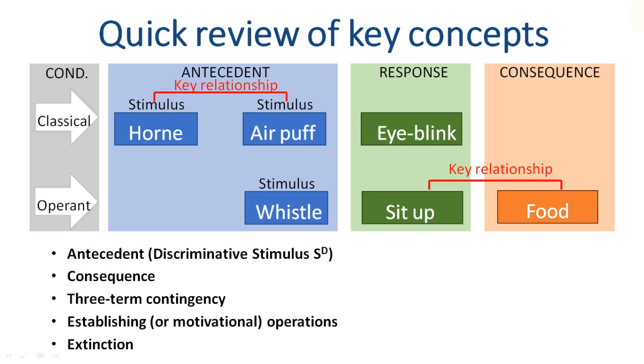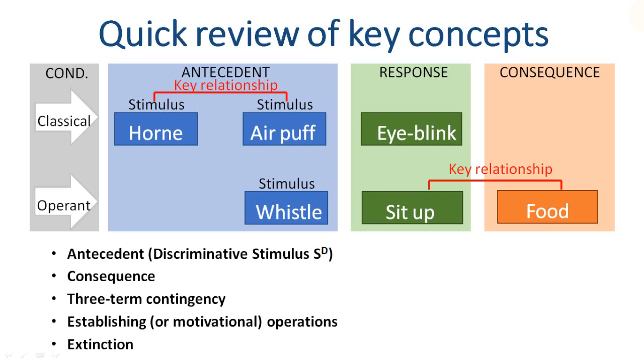The relevance of focusing on these key relationships is that if we were to decondition, reverse, or change some of the behavior that has been acquired by either classical or operant conditioning, we would have to tackle that key relationship. We would have to break it. So if we want to break a response that has been acquired via classical conditioning, we have to dissociate or stop that relationship between the stimuli before eliciting a particular response.